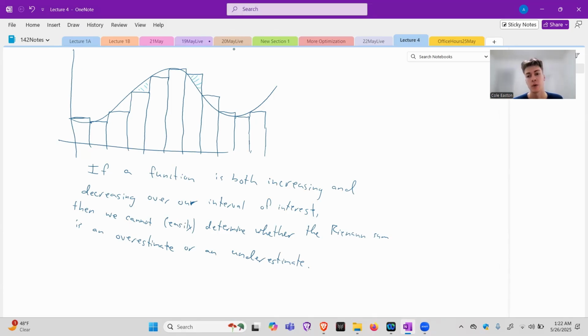And then we have some triangles that are hanging over the area under the curve. And so we don't know whether there's more area hanging over or more area unaccounted for. So it's hard to say for sure if this is going to be an overestimate or an underestimate. And so the only times that we can easily say concretely is if the function is only increasing or only decreasing over the entire interval a to b.